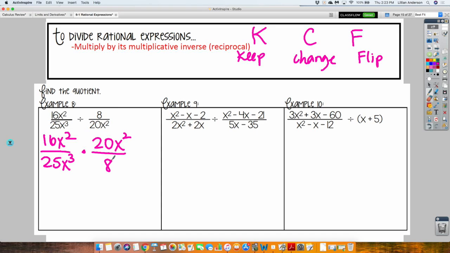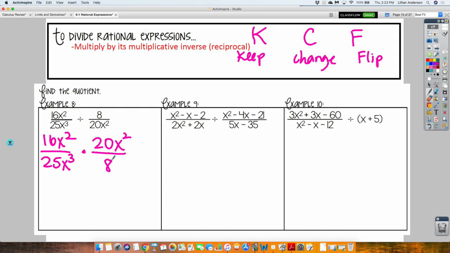That's the most important thing about dividing rational expressions. And then I'm going to simplify. I don't want to multiply 16 and 20, nor 25 and 8. You could, there's nothing wrong with that, and then simplify from there.